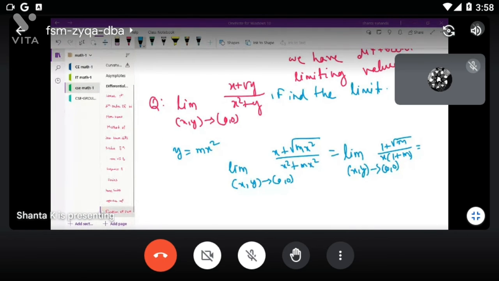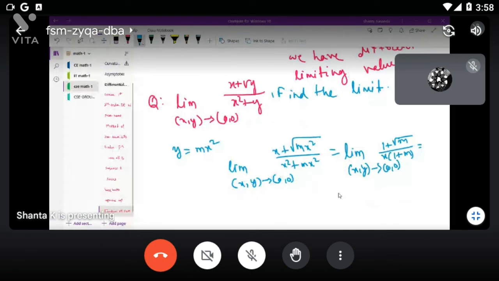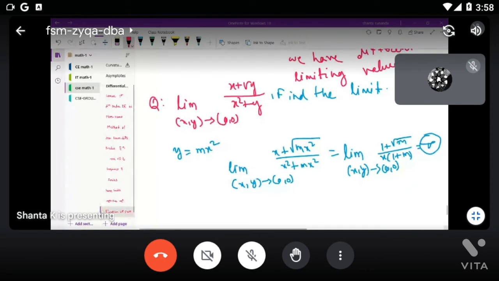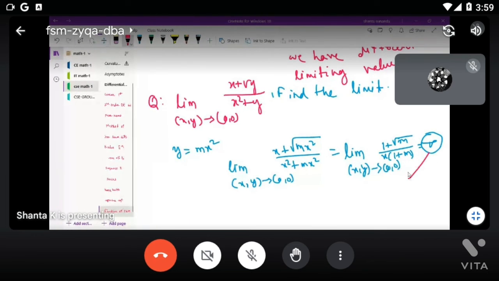Infinity exists. It will exist. x is there, infinity. So if the limit is infinity, what did I say? What we say is that limit exists means the limit is unique and it is finite.